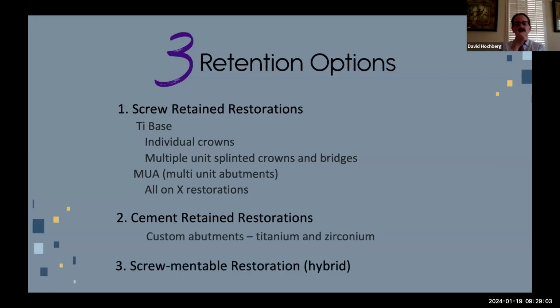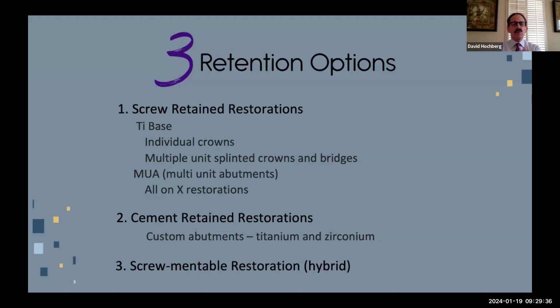There is a third option, and you don't hear about it all that much, but it's called screw-mentable. Screw-mentable, think hybrid. So for all those who still love to screw retain their restorations, and that's fine, there is a way to have a custom abutment created, have a crown created with an access hole in that crown, cement it in your chair to that custom abutment.